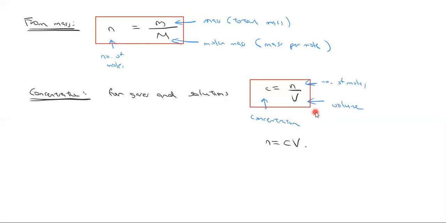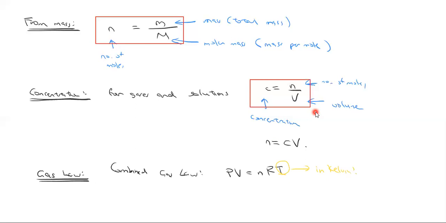We also have your gas laws. Basically, you've got your combined gas law, which is PV equals nRT. The key thing to focus on is that the T must be in Kelvin.